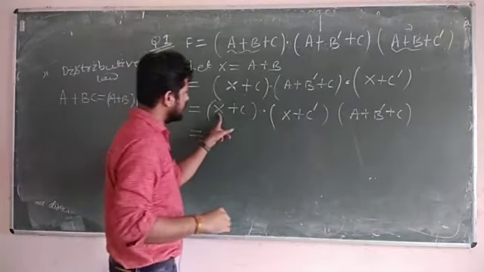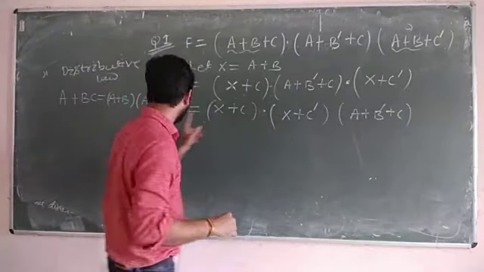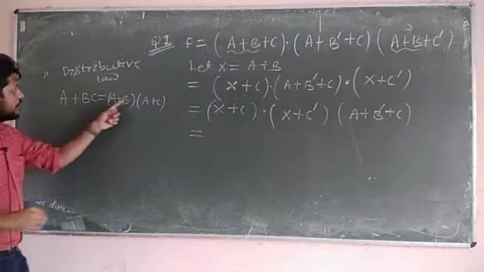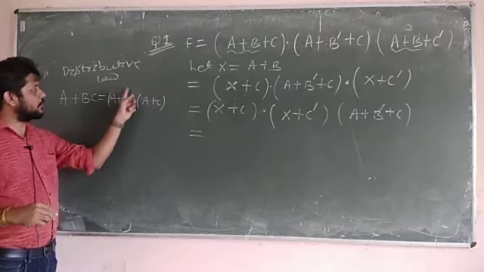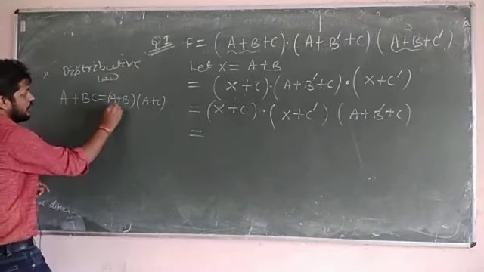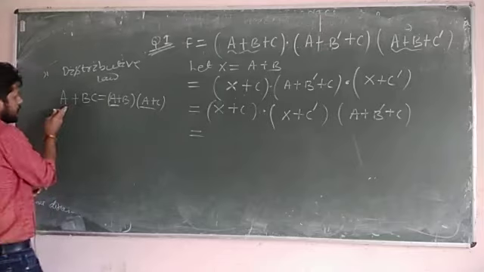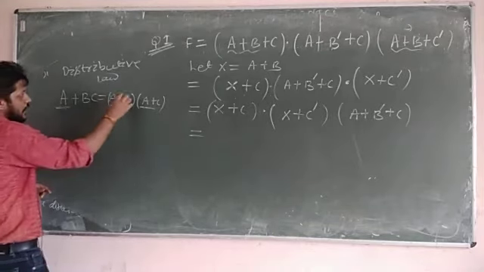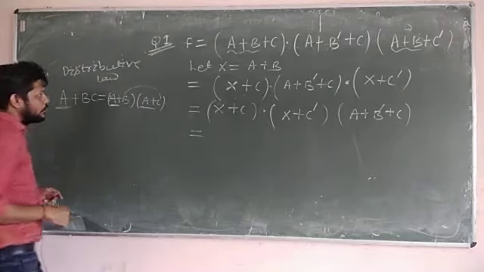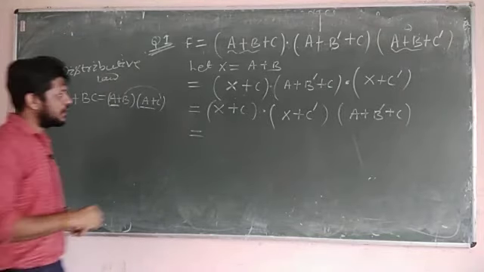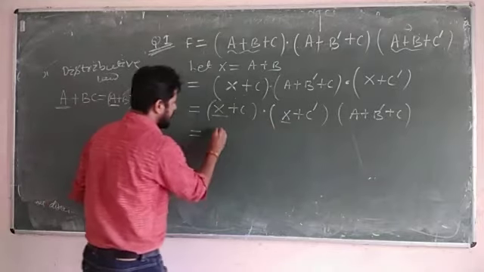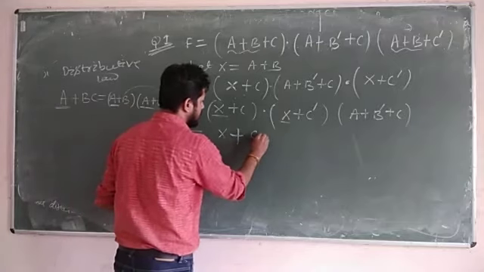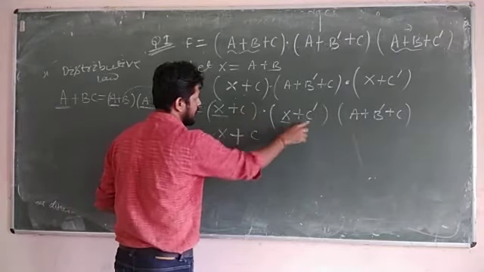Here X is common, and in the other term A is common, hence A, then the product of the remaining two variables, that is B and C. Similarly here X is common, hence X or, applying distributive law, X or the product of the remaining two variables, that is C and C complement.